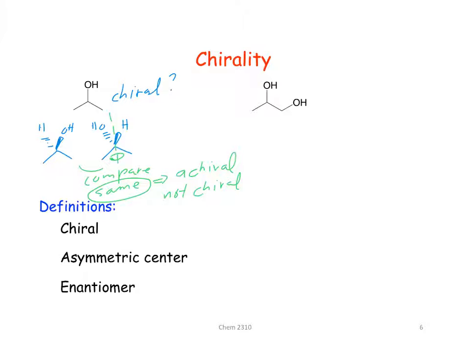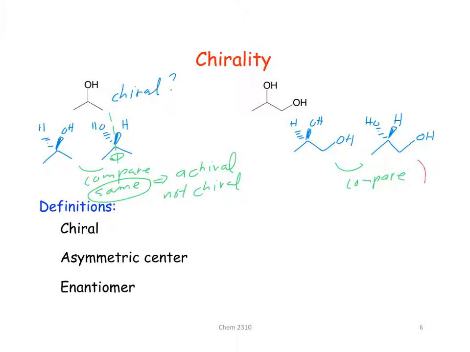Okay, let's look at the possibilities here. We're just putting this OH here. Okay, so this OH could come forward, or it could go back. The H would go back. Or we could reverse those. The OH is back. The H is forward. Okay, so now we want to compare these. Alright, so let's rotate one of them around to see if they're mirror images or not.